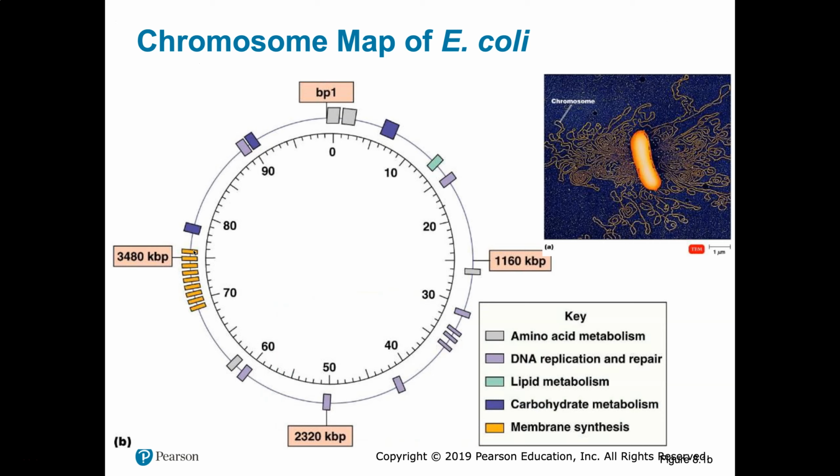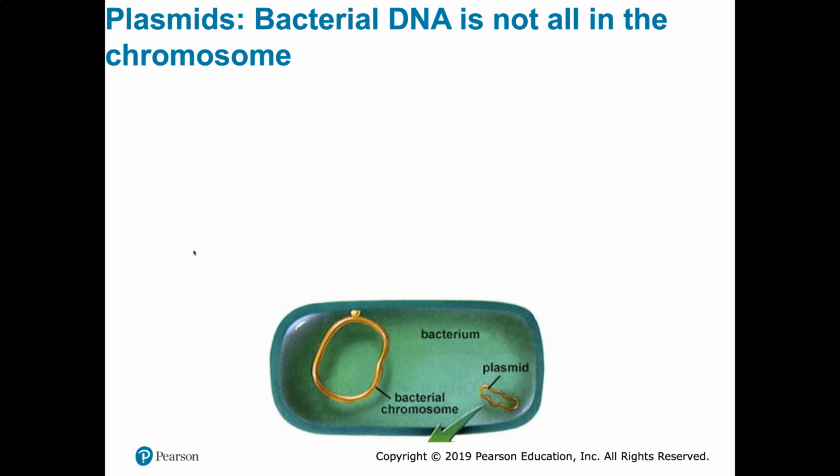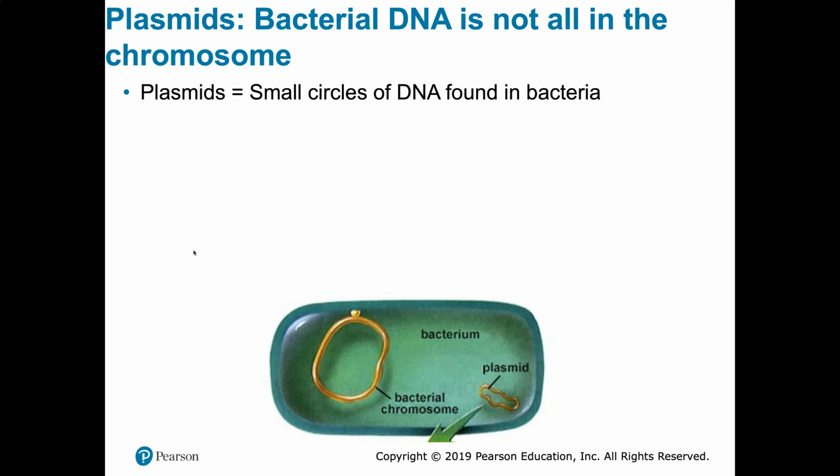Now, in addition to the chromosomes, some bacteria have what we call plasmids. Plasmids are extra pieces of genetic material that they've picked up from somewhere else. So this small circle right here is a plasmid. This is the bacterial chromosome, all its genetic information right there. But it can have a plasmid which has other genes that are not included in the chromosome.